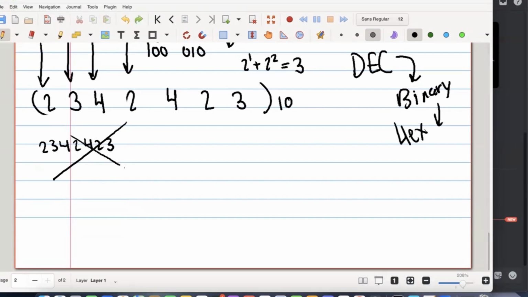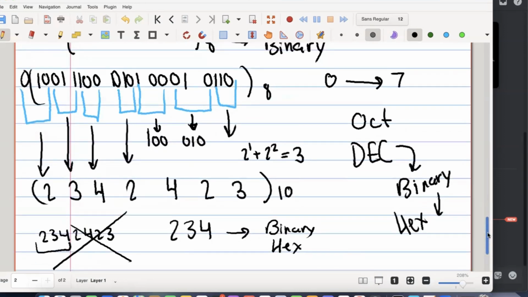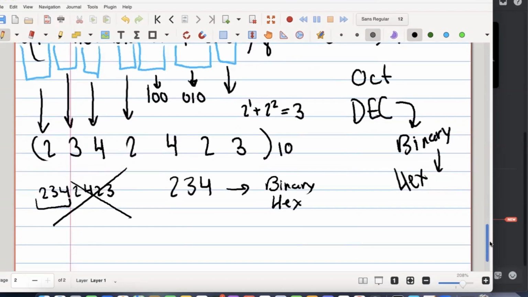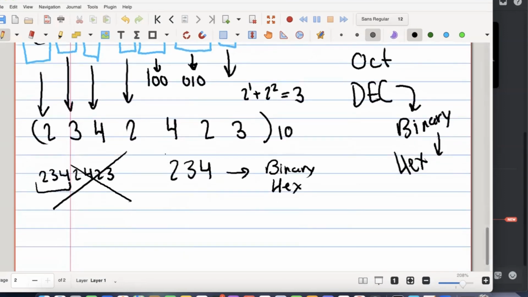So I'm just going to use the first 3. So now we have a number that's 2, 3, 4, okay? And then we're going to convert to binary, and then we're going to convert to hex. But the long example was good to show you the strength of converting from octal to decimal.